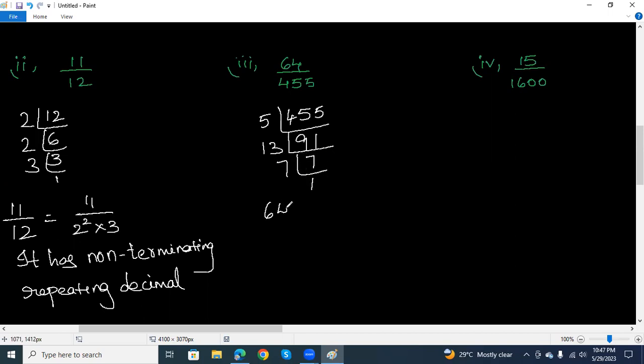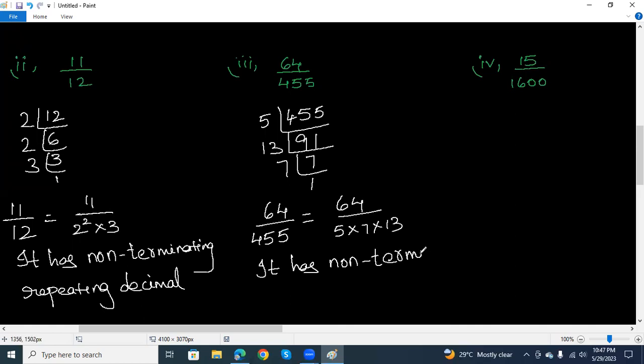See, this 64 by 455 can be factorized as 64 by 5 into 7 into 13. Along with the prime factor 5, 7 and 13 are also factors. So it has a non-terminating repeating decimal.